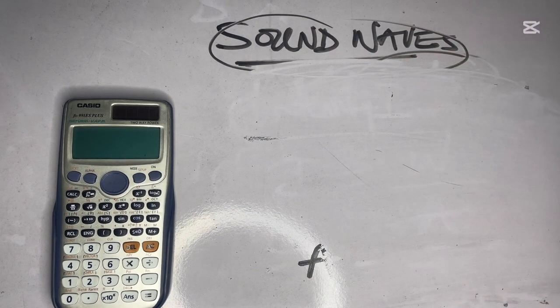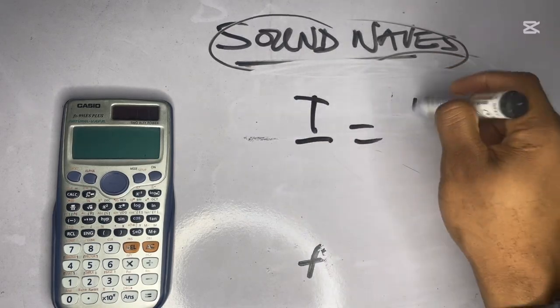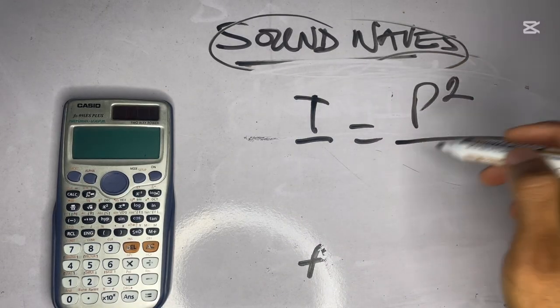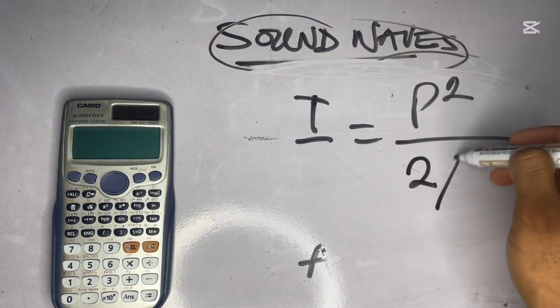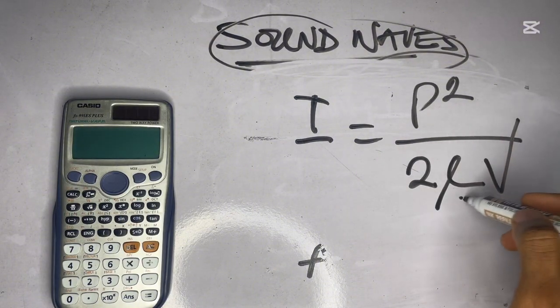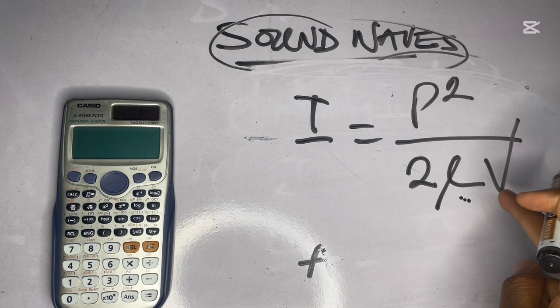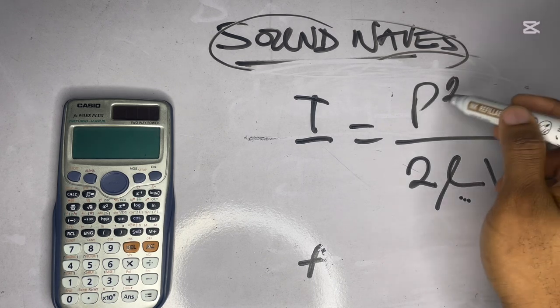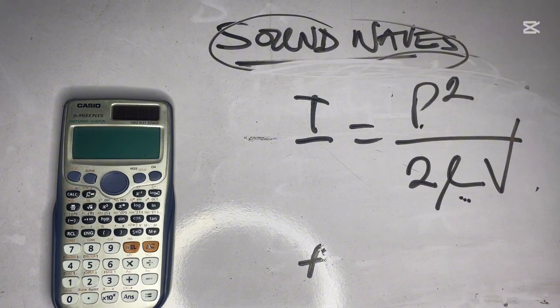So I've given you quite some formulas. It means that I can also be equal to P squared all over 2 rho V. Don't forget this rho, that is standing for density. This P, of course, is your pressure, not power.